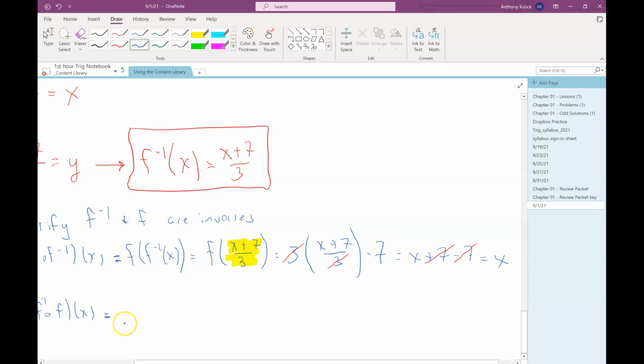I'm not finished yet. I still have to do the other direction. So again, according to our definition, f inverse compose f is f inverse of f. In this situation, f was 3x minus 7. So when I plug that into f inverse, I'm going to replace the x's with 3x minus 7.